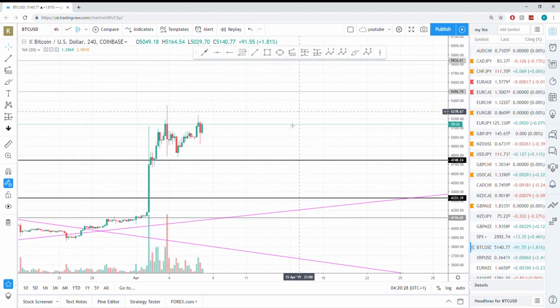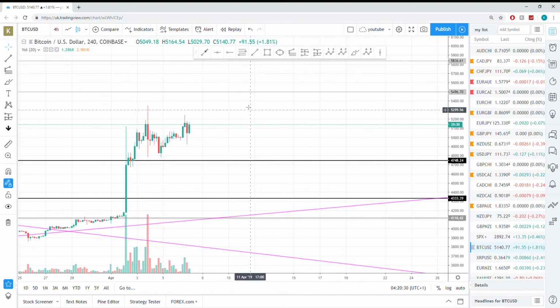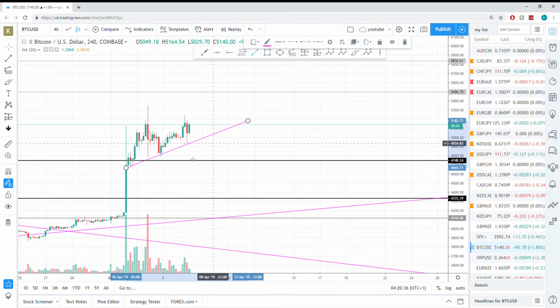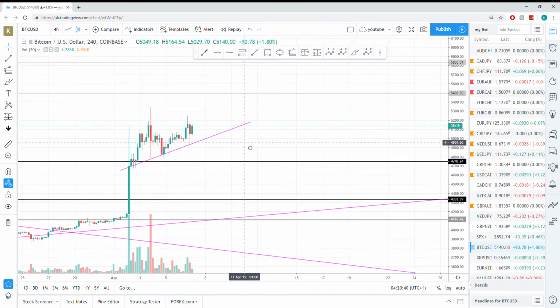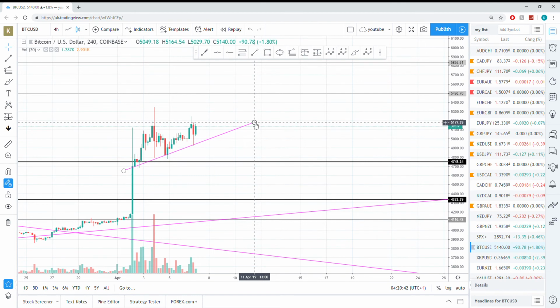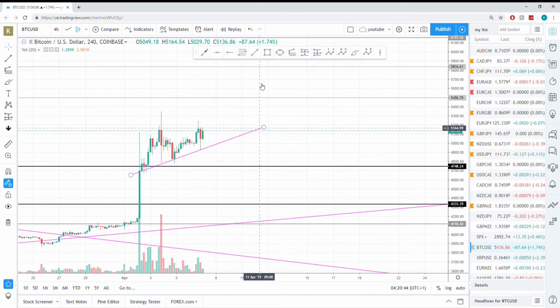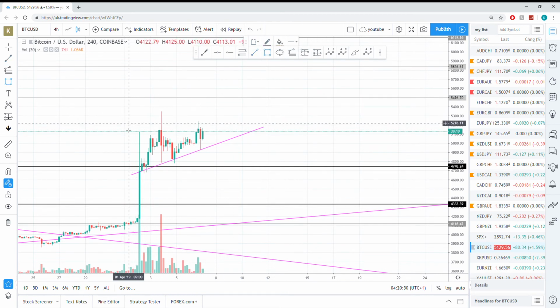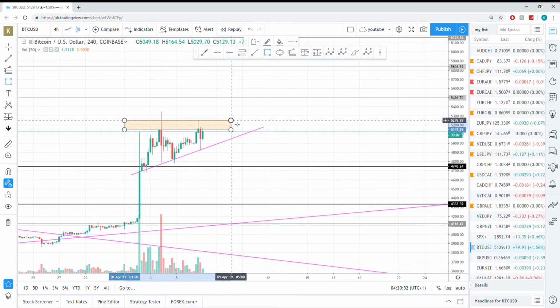I can see a little flag forming, I believe. If we just draw this out, something like that. That's a nice one. Okay, I wouldn't be able to draw a perfect line, so I would probably just draw a zone.